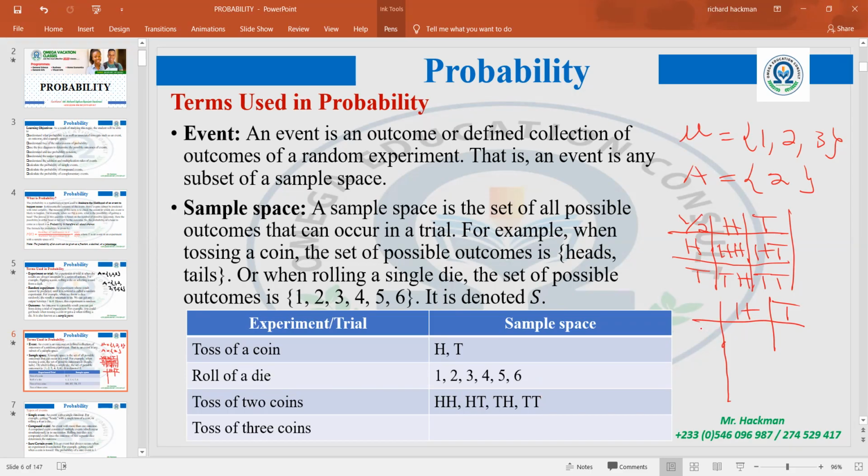So you write head, head here, head, tail here, tail, head here, and tail, tail. I hope you are following. Yes, please.